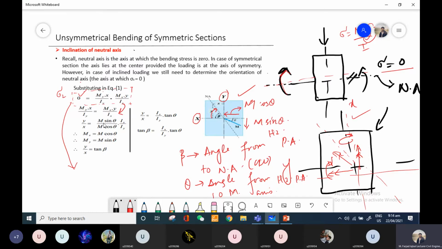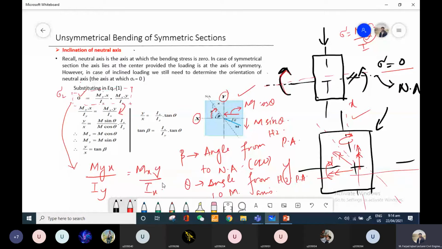If I further simplify this one, I will get this simplified equation. And when I substitute the values of these, I will just solve it briefly over here. Myx over Iy is equal to Mxy over Ix.